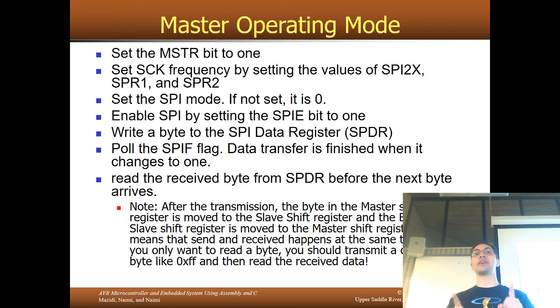But if I were to talk faster, you guys would not retain as much information, right? So you are the limiting factor. If you're the peripheral, you can only talk so fast. If somebody tries to talk to you faster, you're not going to get all of the data.